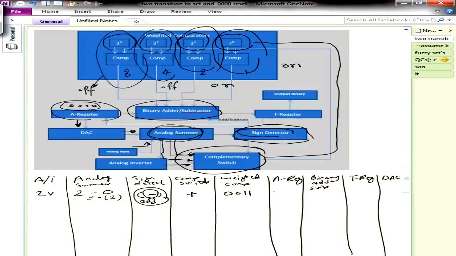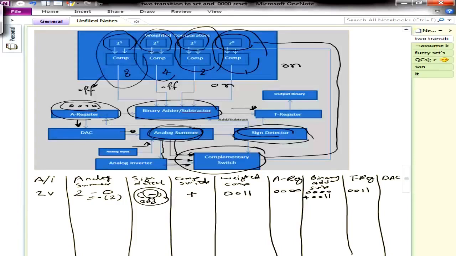The binary adder subtractor output after addition is 0000 plus 0011, and we put this into the T register. So the T register content is 0011.